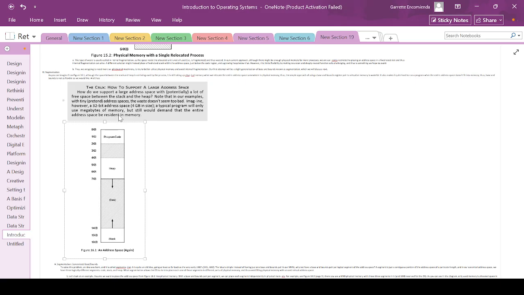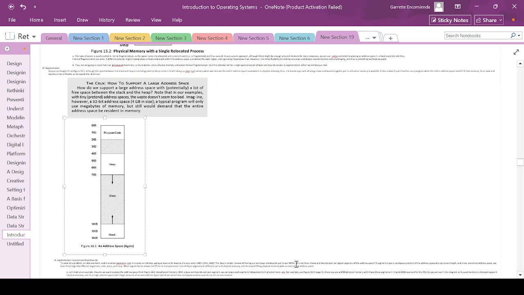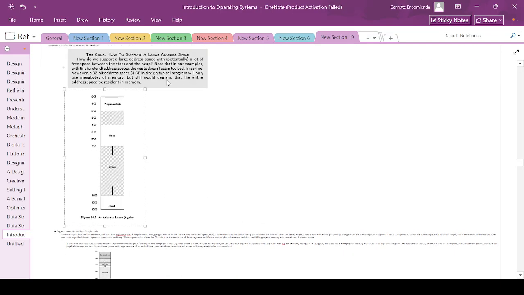How do we support a large address space with potentially a lot of free space between the stack and the heap? So how do we overcome this unallocated space? Again, in our example with a tiny pretend address space, the waste doesn't seem too bad.